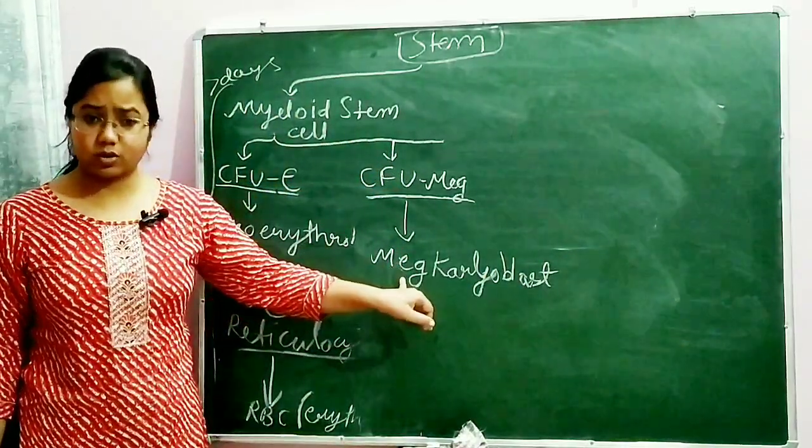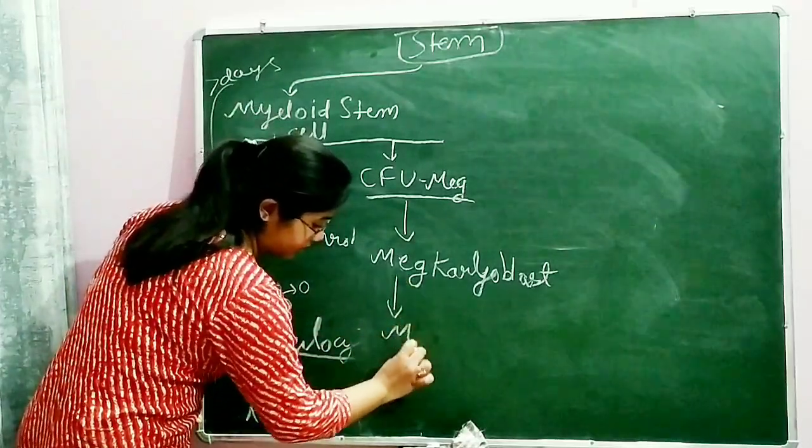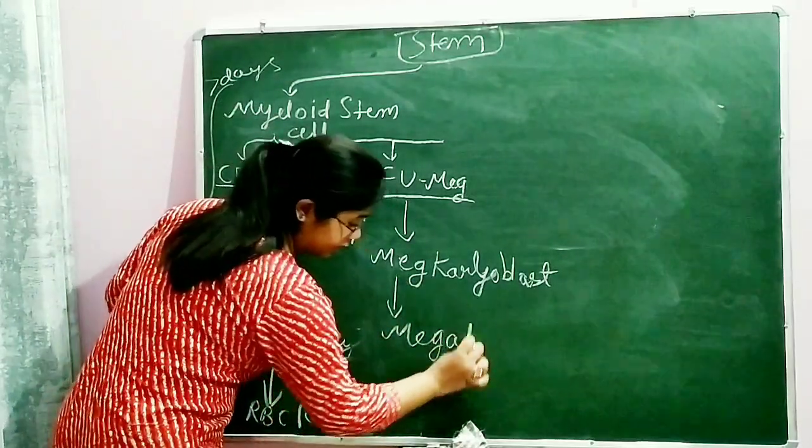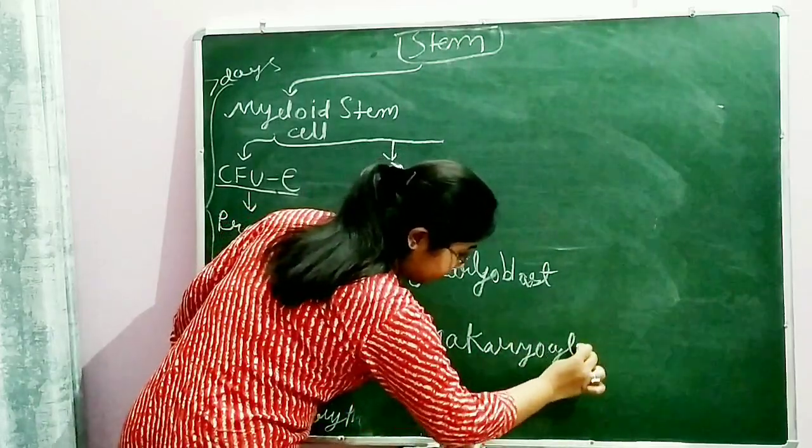This is also a precursor cell. And then the megakaryocyte is formed.